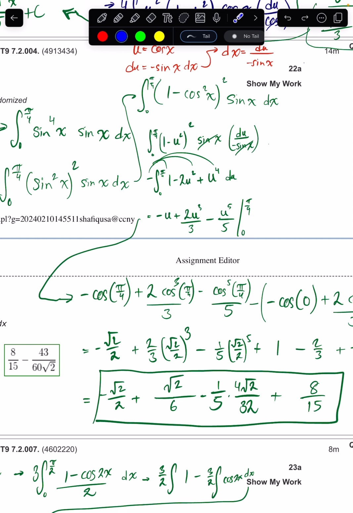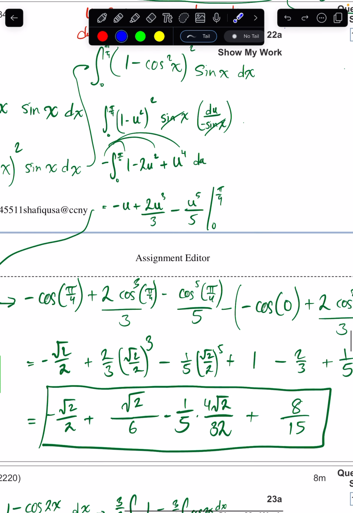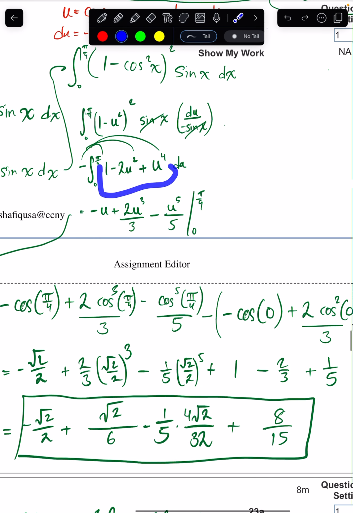Foil that, and it becomes very easy: 1 minus 2u squared plus u to the 4th. This is just this foiled out. And then just distribute the negative if you want, because these are easy numbers to work with.